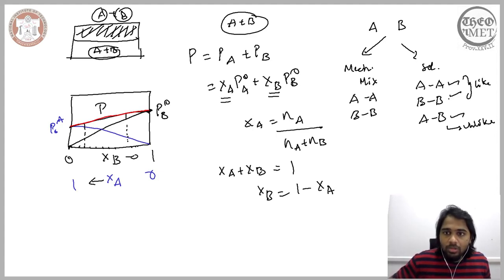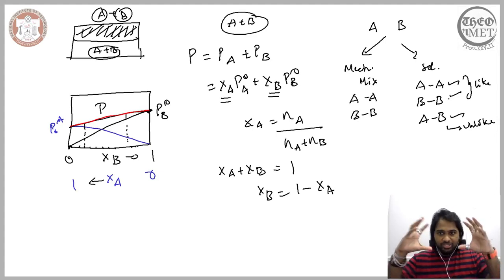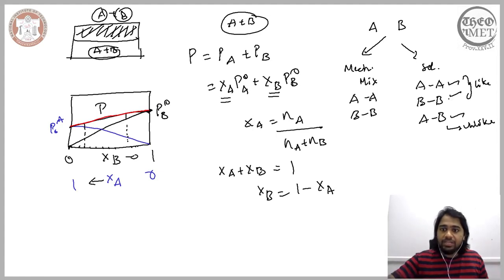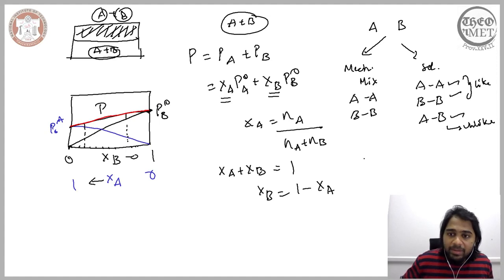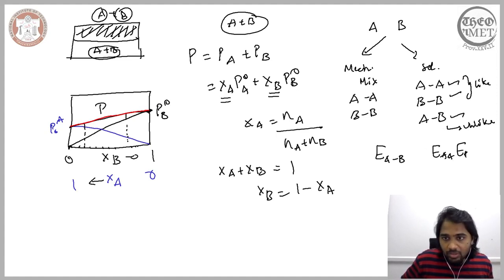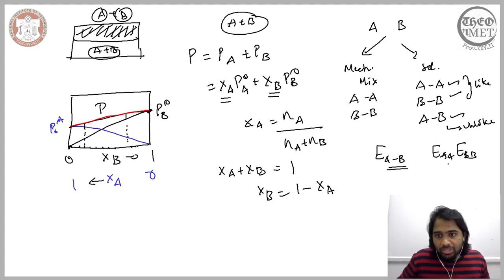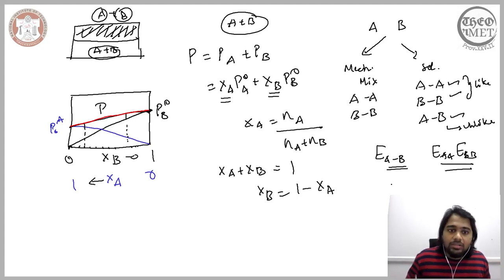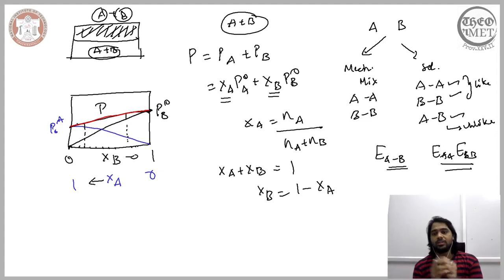So whatever vapor pressure is established in the system depends not only on the like bonds but also on the unlike bonds. Depending on how the energy of the unlike bond compares to the energy of the like bonds, the concentration of the individual components in the vapor phase varies.